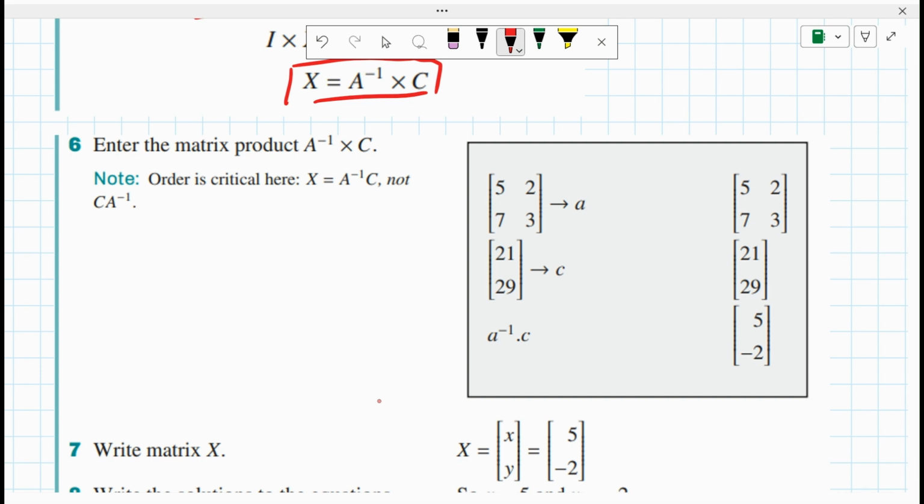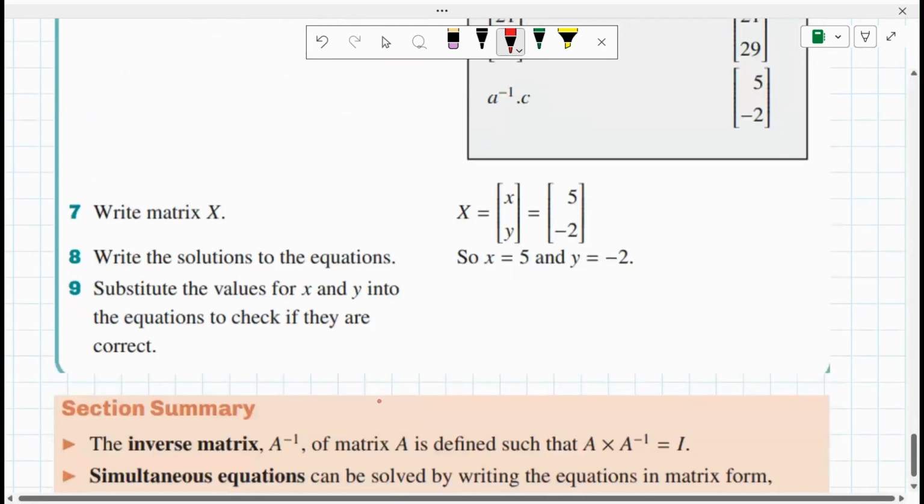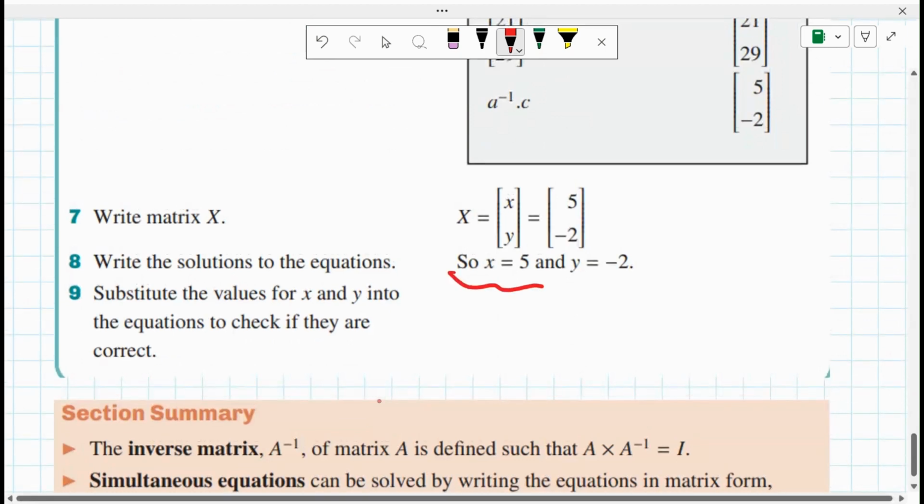We just substitute into A to the power negative 1 times C, and the calculator gives you the answer straight away. Then you can find your simultaneous equation solutions.